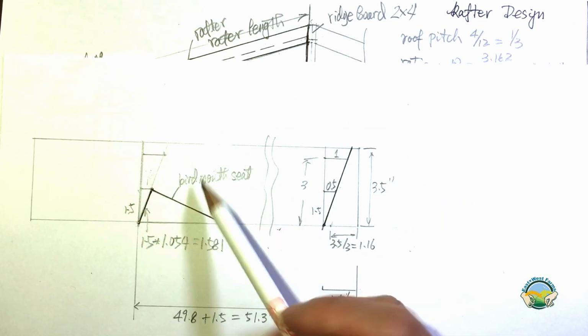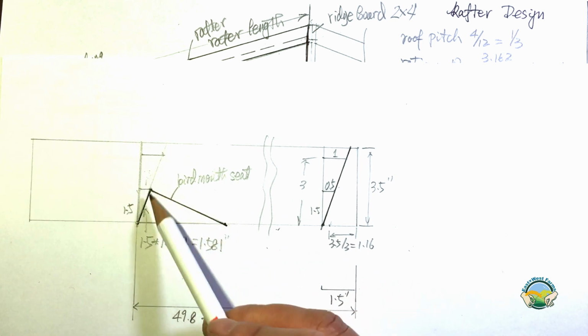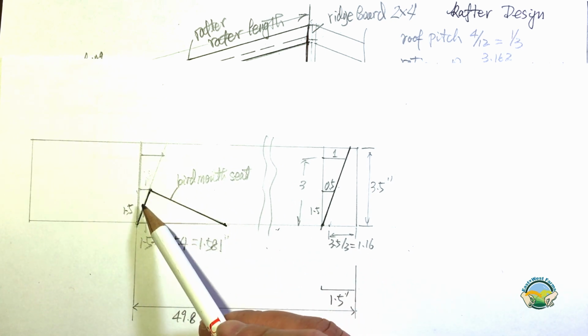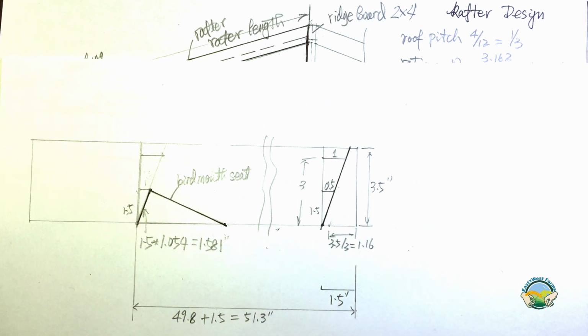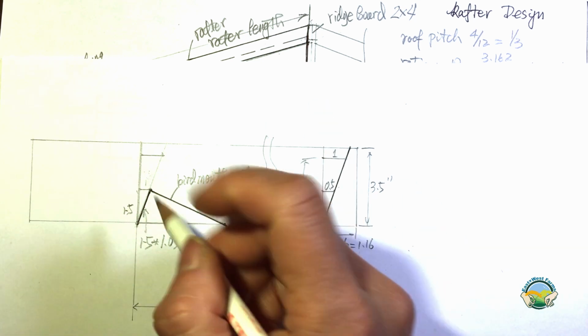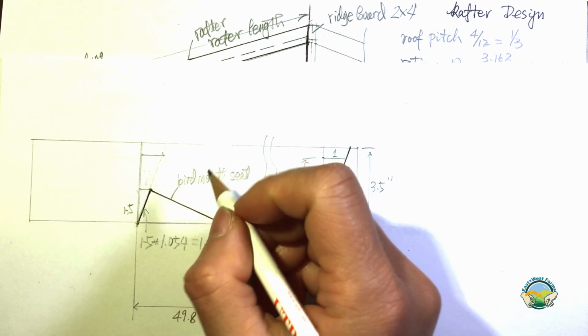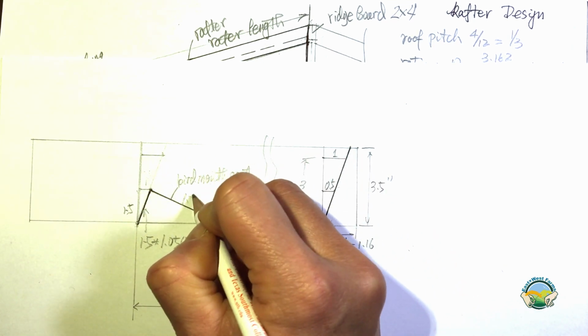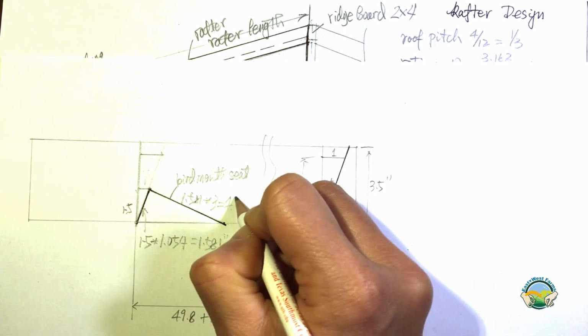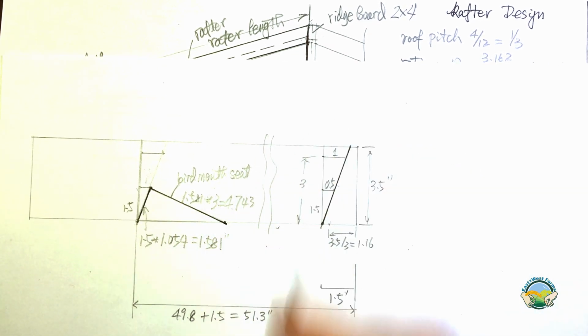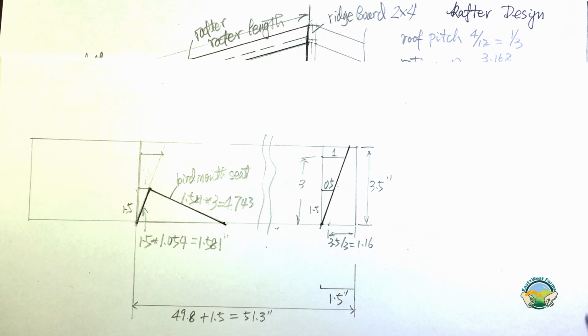Now I have this dimension and I know the ratio is 1 to 3, so I take that number times 3. That's 1.581 times 3, which gives me 4.743. Of course, that is pretty close to 4 3/4.